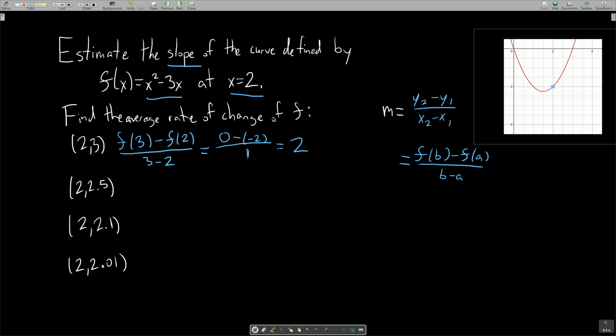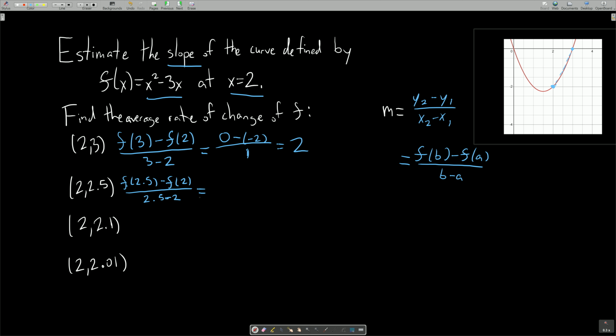Yeah, this right here, from 2 to 3, see 3 is right here. So the slope of this line is 2. Now let's try doing the same thing with 2.5. Do f of 2.5 minus f of 2 over 2.5 minus 2.